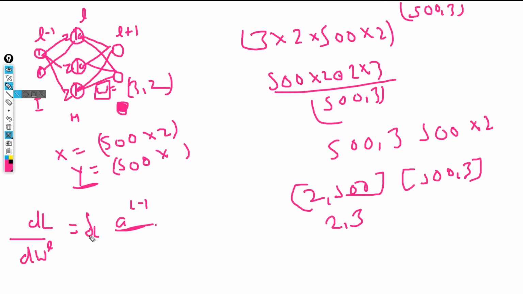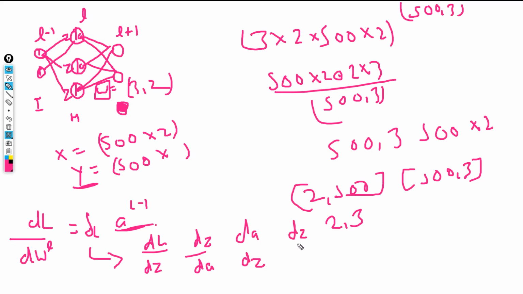So you might be wondering why I switched their positions. If you watch my previous videos, in the video I was deriving this formula. When I was doing this, we had the chain rule, which was d of the loss upon the z, then that z was upon the activation value, then that activation value was upon again z of the previous layer, then that z was dependent upon the weight matrix.